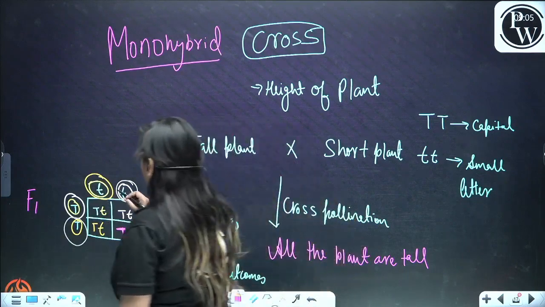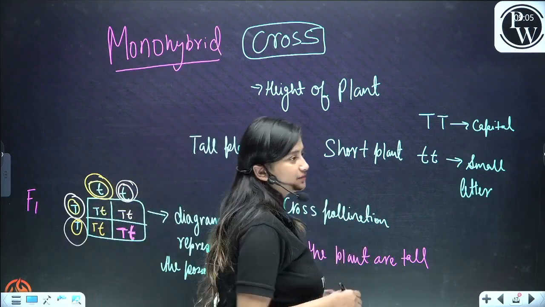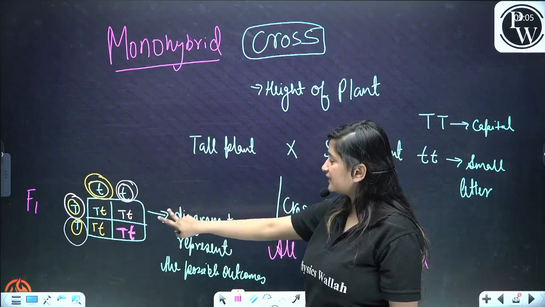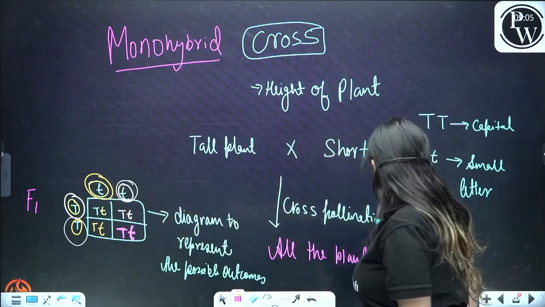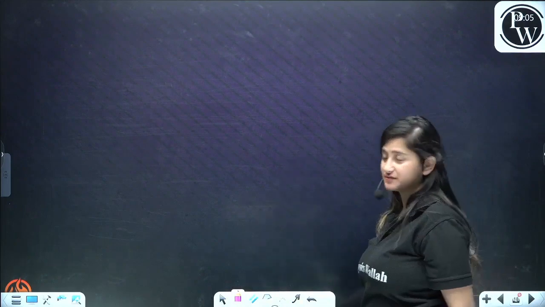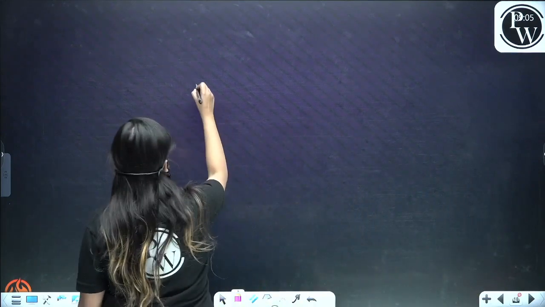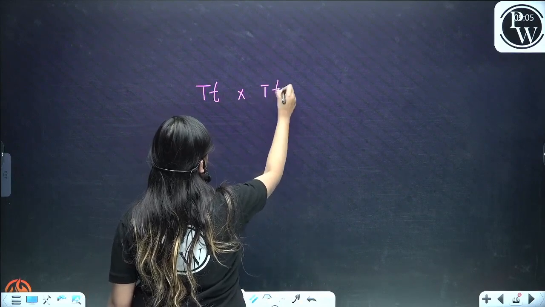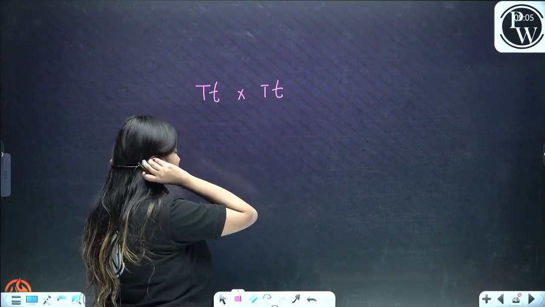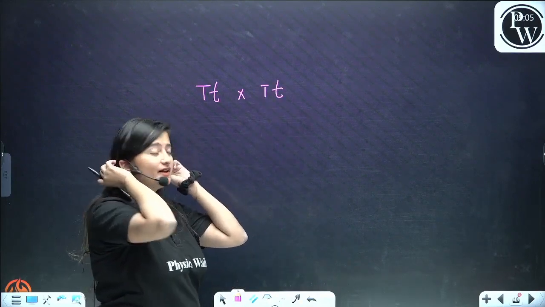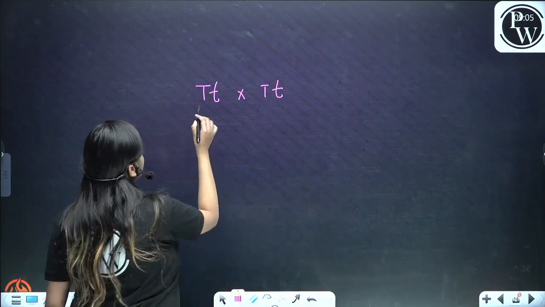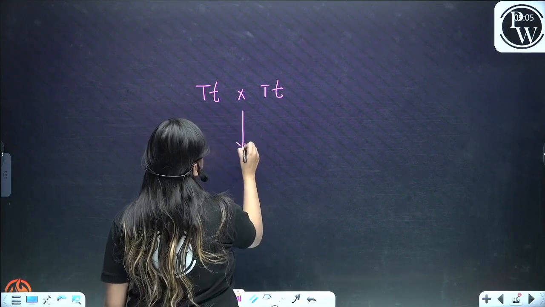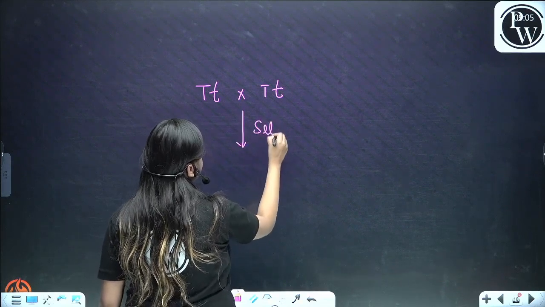Now, he is not satisfied with this. So now what he do? He make another cross between the possible outcomes, that is self-pollination. Now he has done what? He made a self-pollination between the F1 generation.